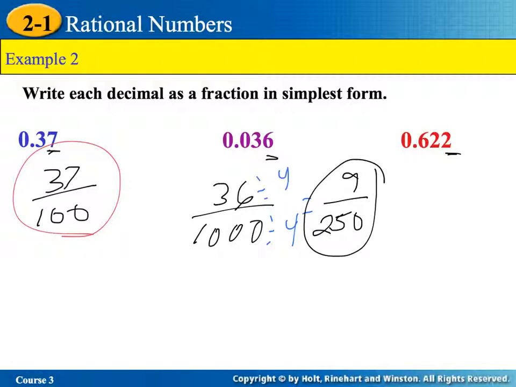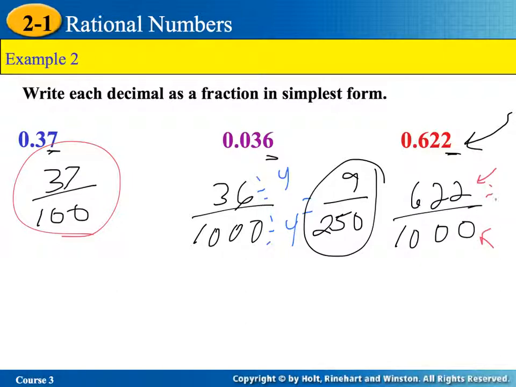Okay, 0.622, what place value is that last 2 in? Thousandths place value. So as you write this as a fraction, it's 622 over 1,000. Is there a number that goes into both 622 and 1,000 that you know of? Well, I don't know any big numbers, but I do know for a fact that I can divide each of these by 2. Why?